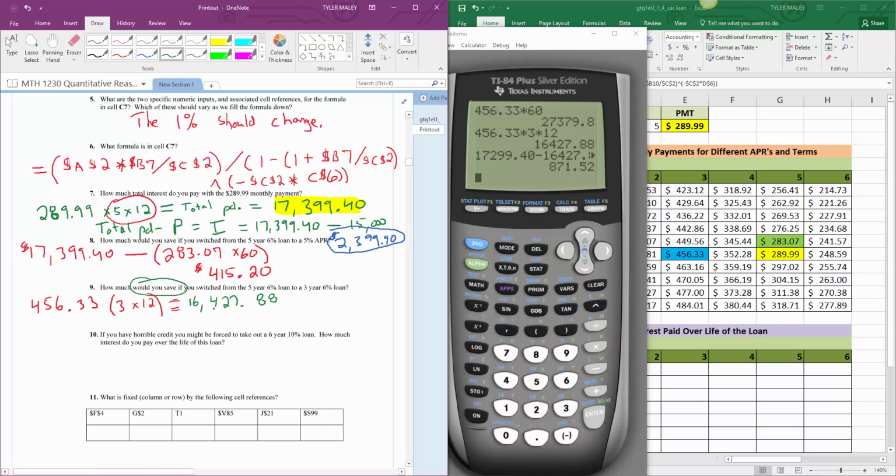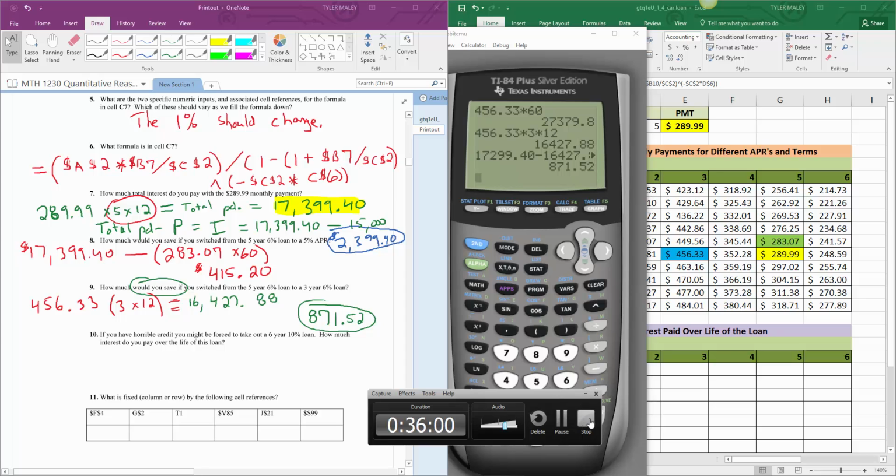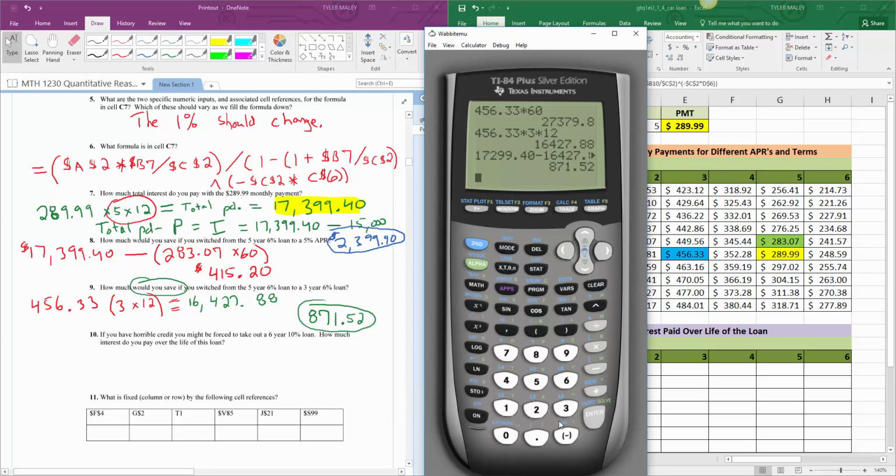Right, so the solution is 871.52. Whoops, sorry about that. I noticed I made another error up here.